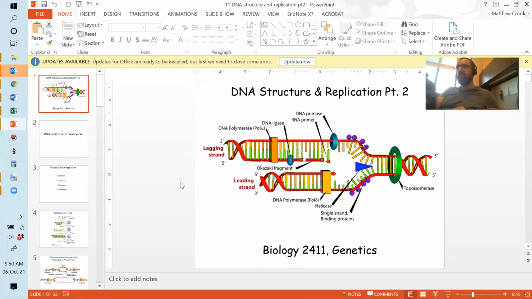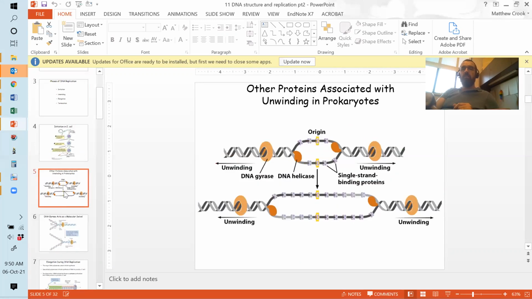Somewhere back there, wherever the origin of replication was, you would have one RNA primer for the leading strand, right? So it doesn't label, but let's say on the bottom, going to the right is where the leading strand is. So you'll have an RNA primer for the leading strand here, which primes the synthesis of the leading strand.